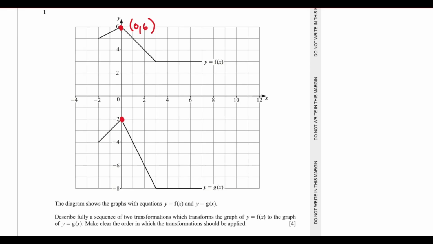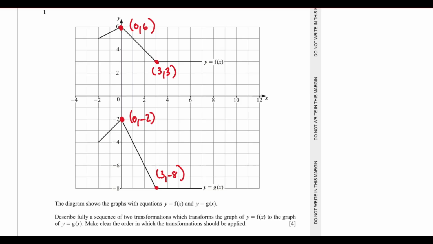We have 0, negative 2. Let's also look at this point over there. That is 3, 3. And this one down here is 3, negative 8.